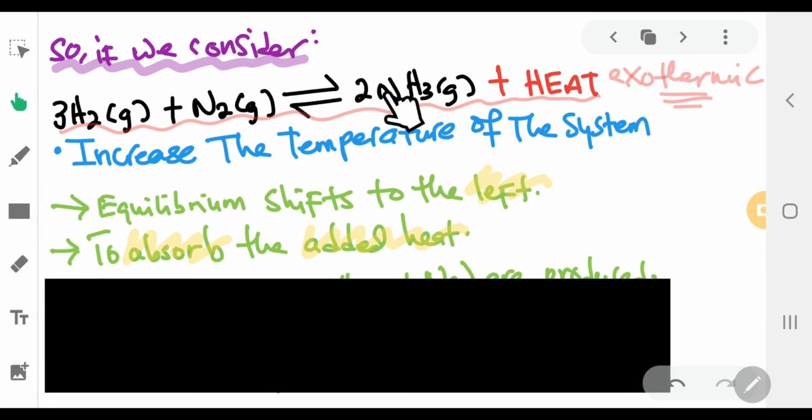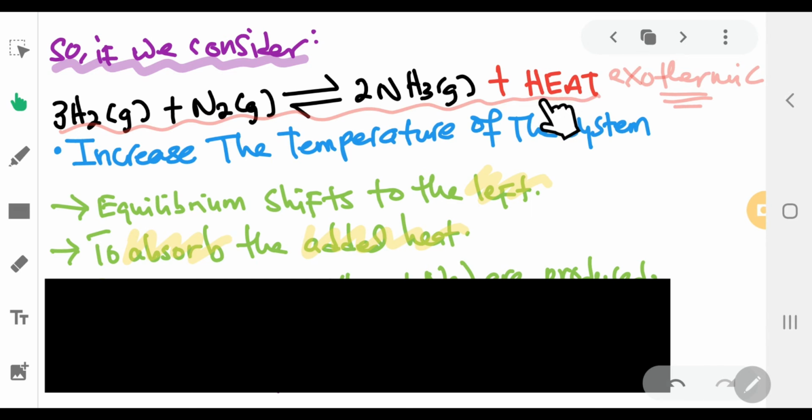As you can see, your product over here does not want to absorb the heat. In fact, it exists together with the heat. The heat will be part of the product as well. But the reactants will absorb the heat.